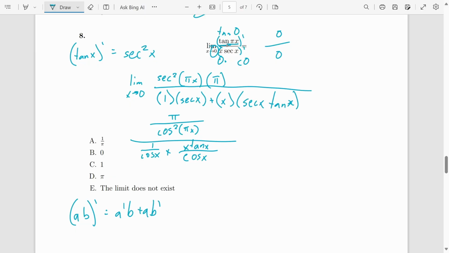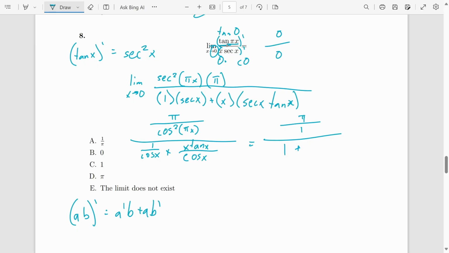So actually plugging in 0 now, we're going to get pi over, okay, pi times 0 is 0. Cosine of 0 is 1. 1 squared is also 1, so that's a 1 there. Cosine of 0 is just 1, so that's going to be 1 plus 1 times tangent of 0.